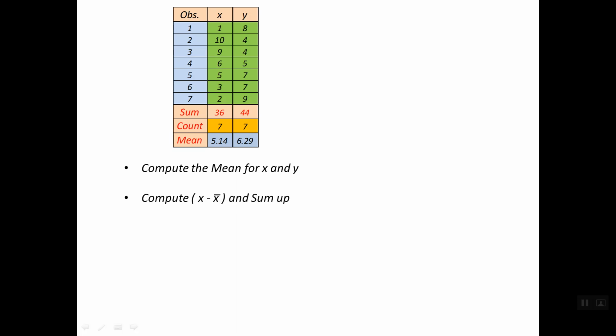So the mean for the first variable x is 5.14, while for the second variable y it is 6.29.